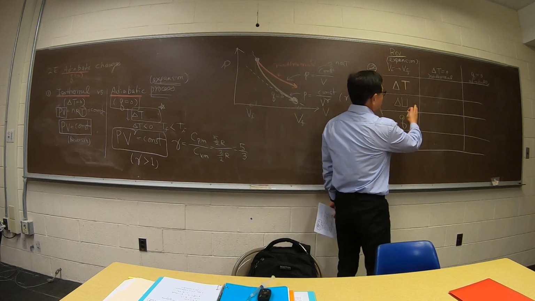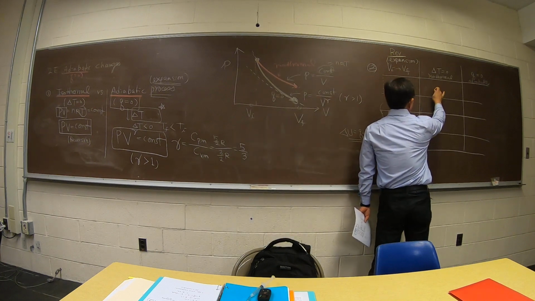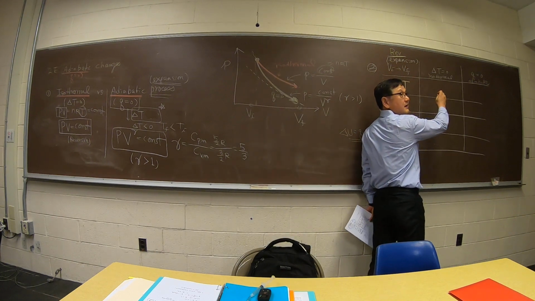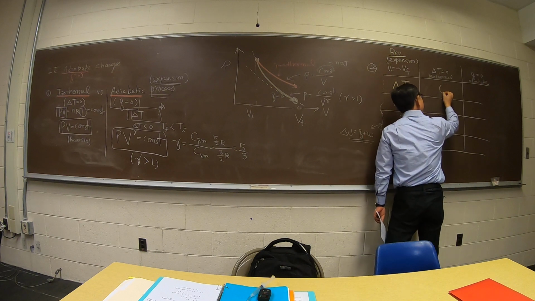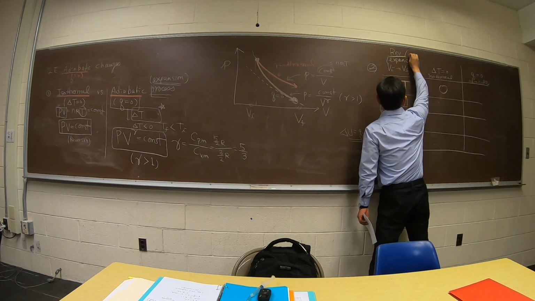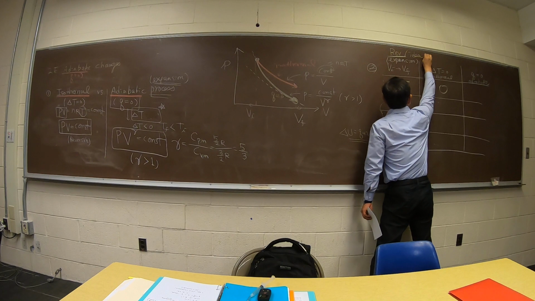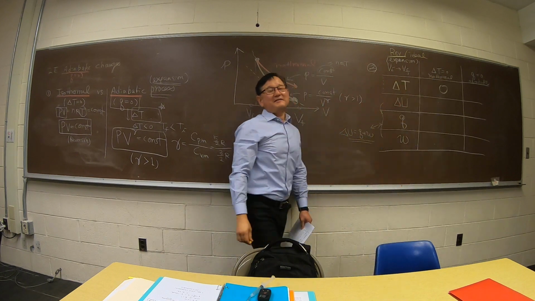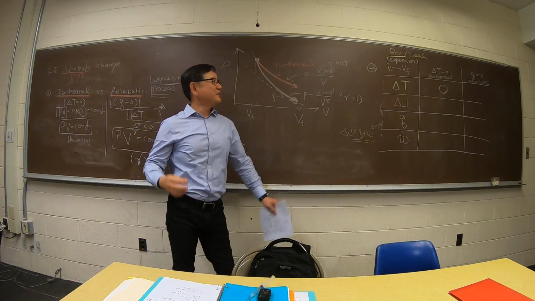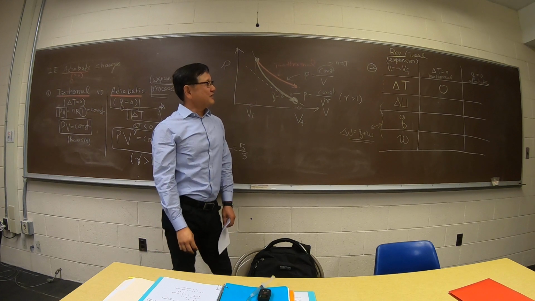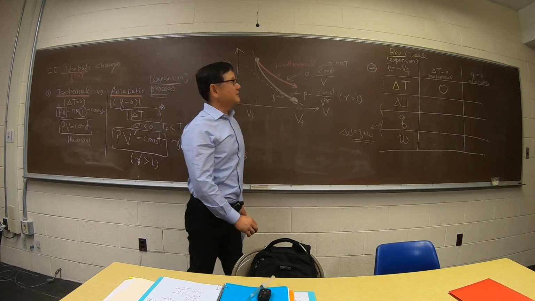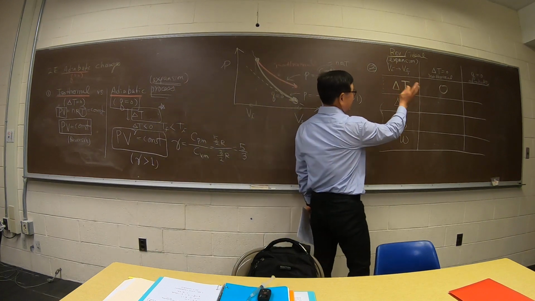So let's talk. What about the isothermal case? What is my delta T? 0. Yeah. And I need to say ideal gas, I guess. Otherwise, if I say the van der Waals gas, the pressure calculation for work is not so easy because it involves a lot of calculation. So it's an ideal gas.